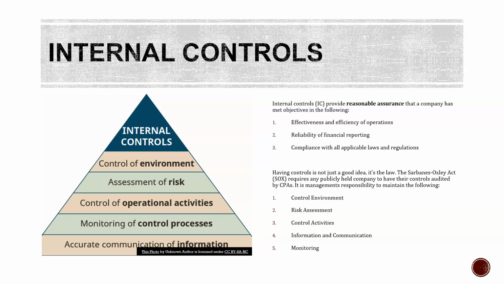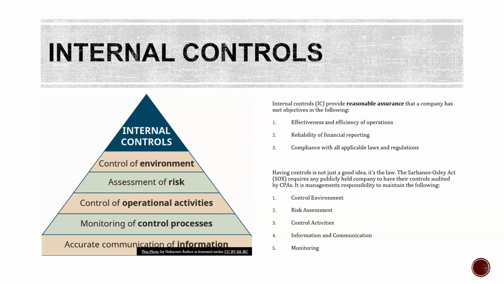I can never absolutely assure you that there's not a material misstatement somewhere on my financial statements, whether it's intentional or unintentional. Okay, so we provide reasonable assurance, something that a reasonable person would look at and accept as the truth. That's what we provide, is reasonable assurance.